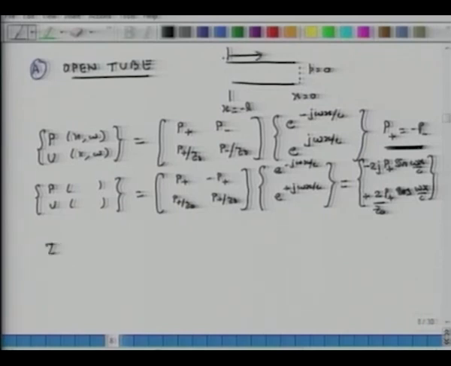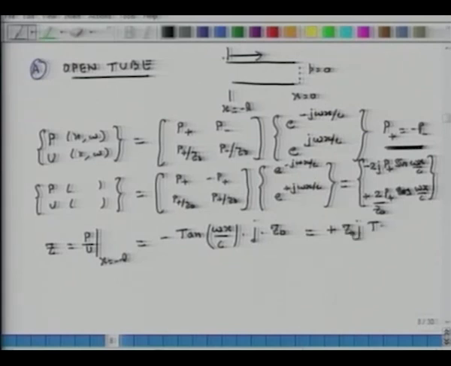So the impedance is Z equals P over U at x equals minus L. When I put x equals minus L in this entire relation, I get minus tangent omega x over c times j times Z naught, and I get plus Z naught j tangent omega L over c.